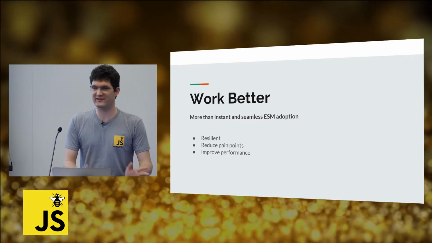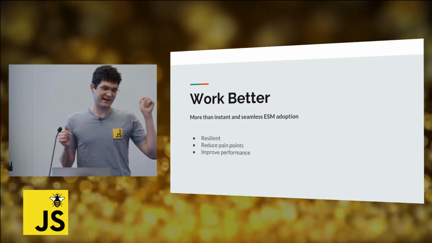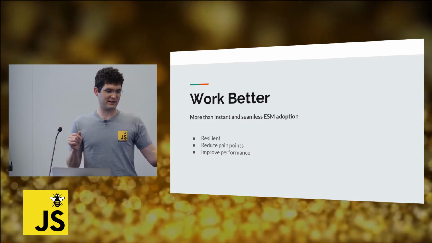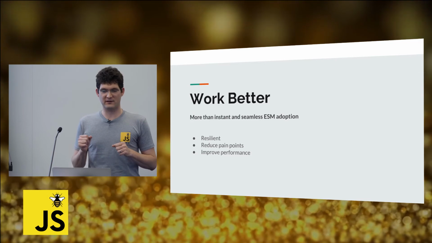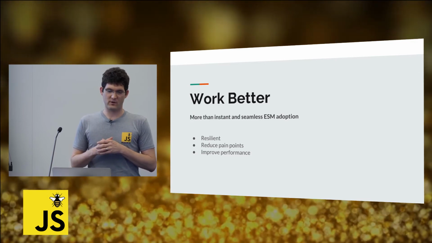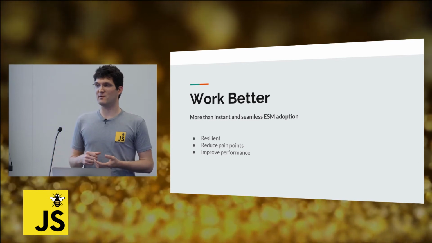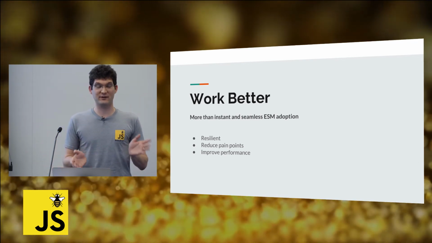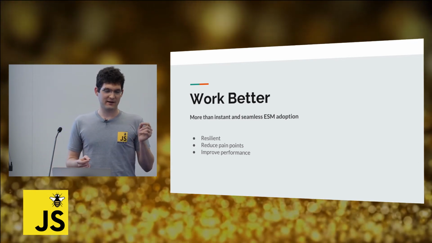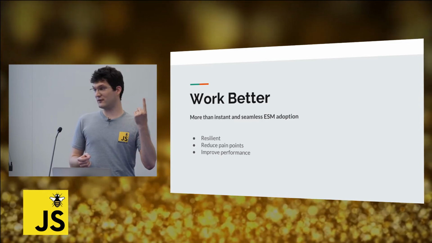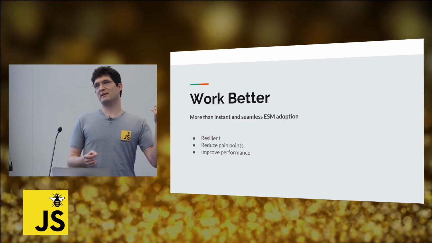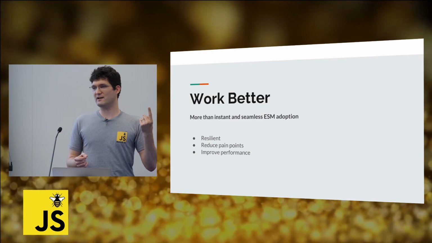So improved performance. I mentioned it has to be better than native, and a lot of times perf is a knee-jerk concern. So how do I make this stuff just work? I parse it. Parsing in JavaScript, slow, right? It's slow for the first time. But how many times are you going to run your code once and never run it again?